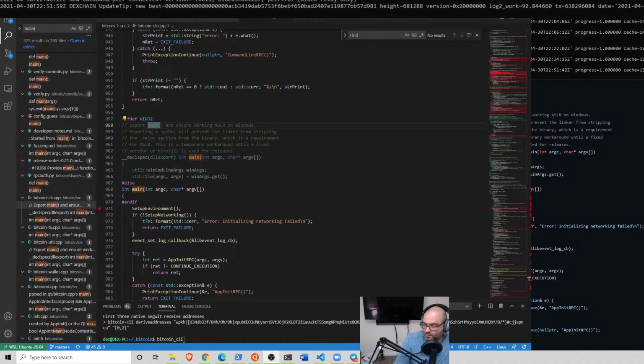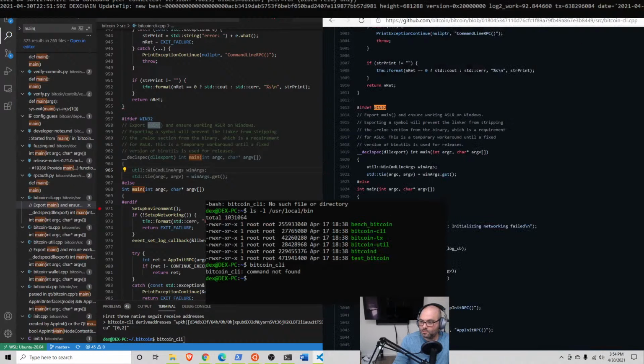Alt Shift Q. Alt Shift W. Alt Shift Q. Apply. Okay. Now let's go back. Alt Shift Q. Alt Shift W. Okay, so on the top we have Bitcoin Core running.